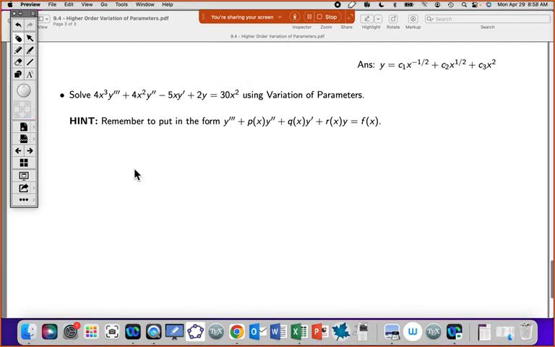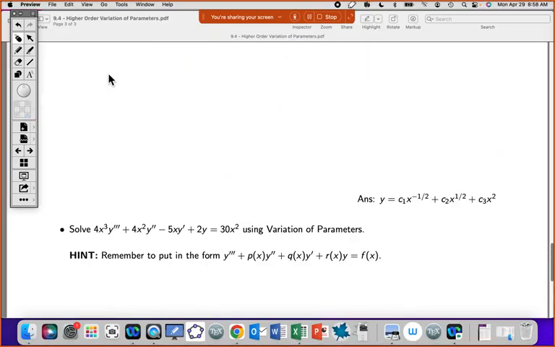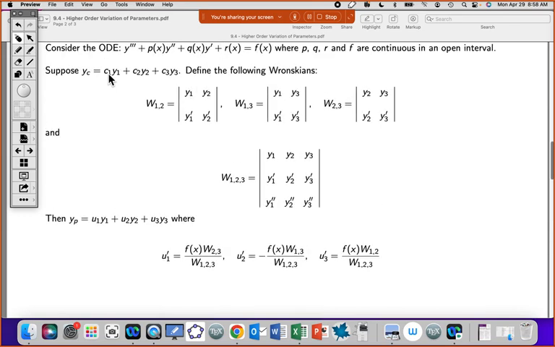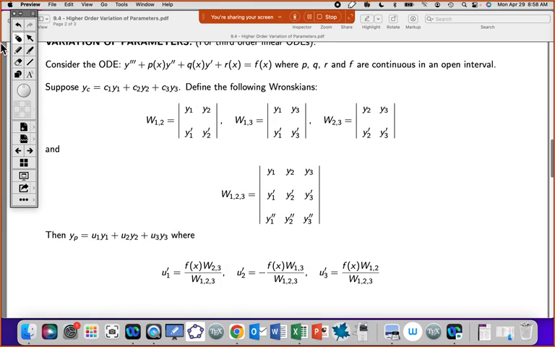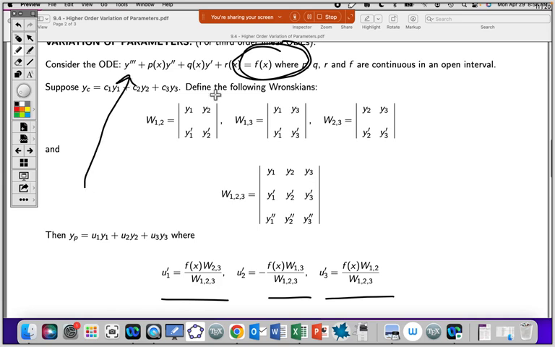Now remember, when you go to use these formulas, whoops, where are they? When you go to use these formulas for u1 prime, u2 prime, u3 prime, the f of x we're using up here comes from the version of the differential equation where the leading coefficient is a 1.